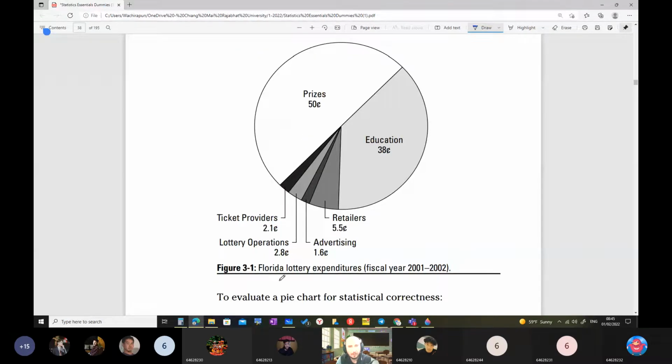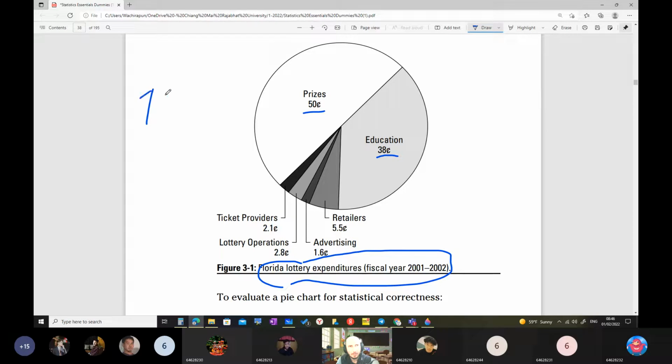You see, Florida spends money from the lottery: 50% went to prizes, 38% goes to education.